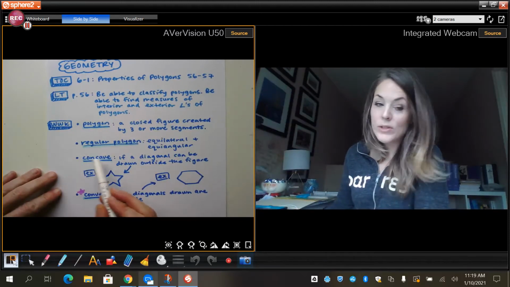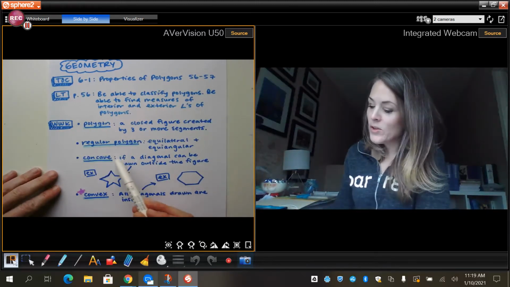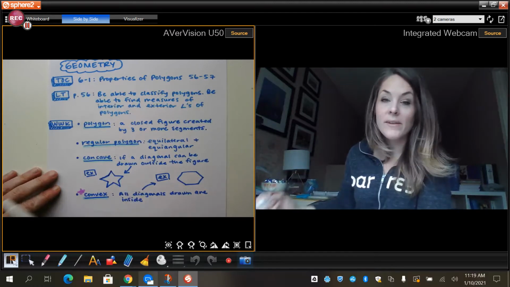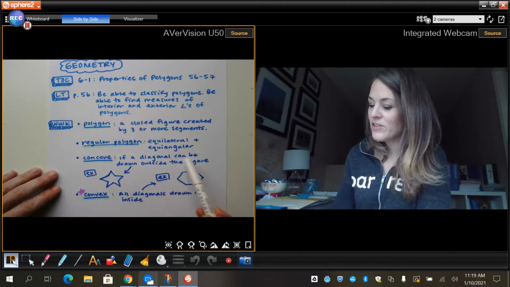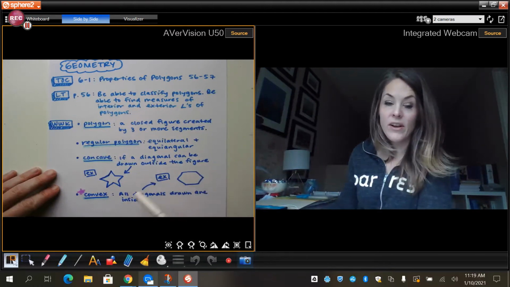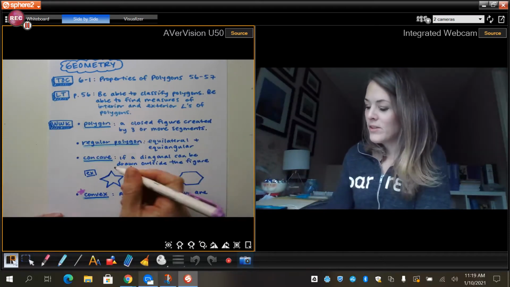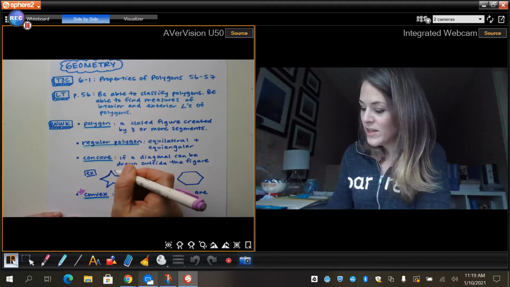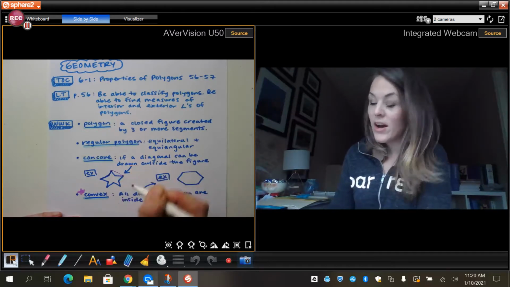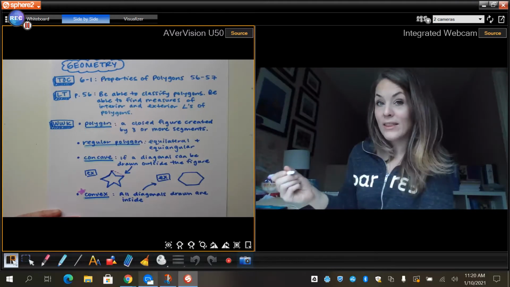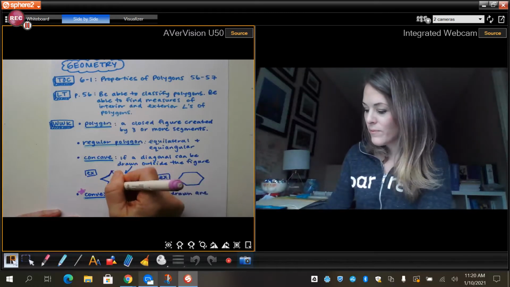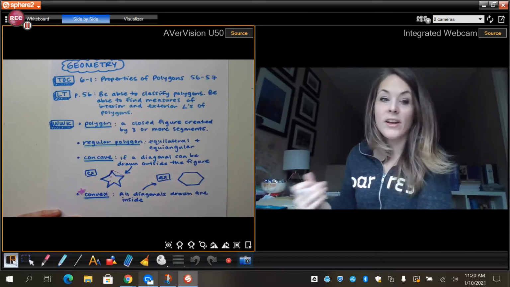Okay, so I'll first talk about concave. So concave, the definition says if a diagonal can be drawn outside the figure. So a diagonal goes from one vertex to another. So if I look at this vertex and this vertex, I could draw a diagonal outside that figure. I could always go from this one to this one, and a diagonal can be drawn inside as well.